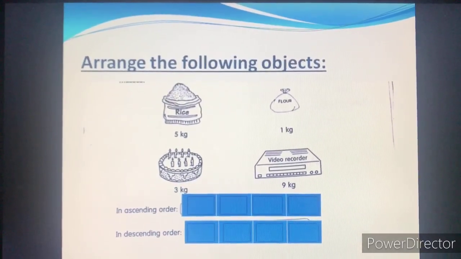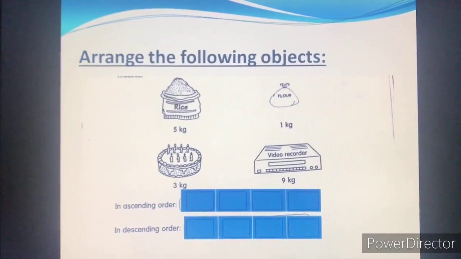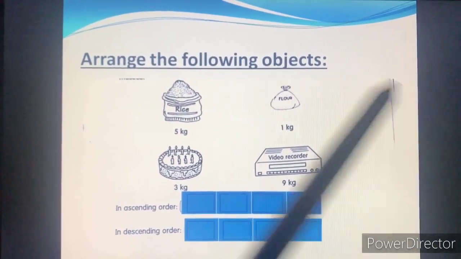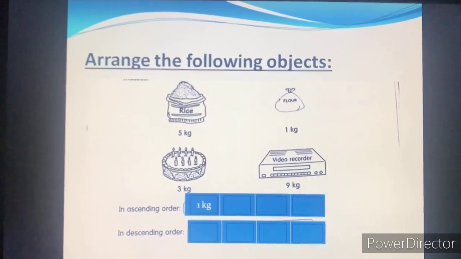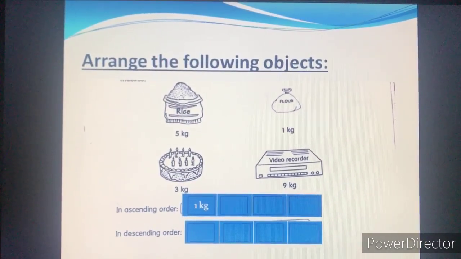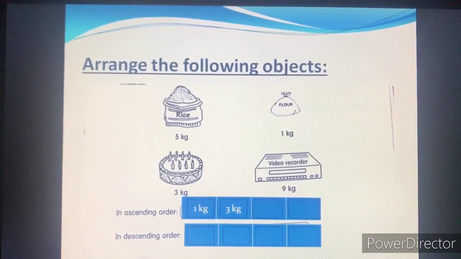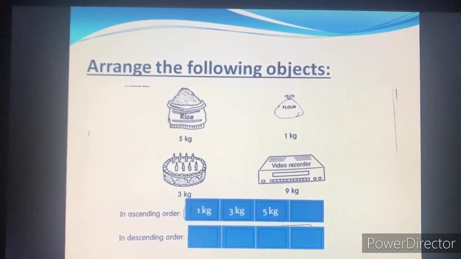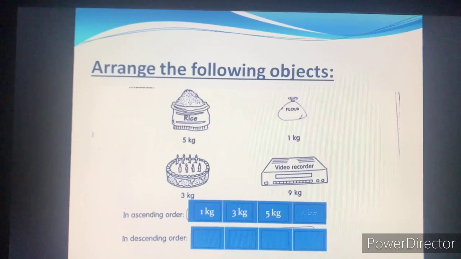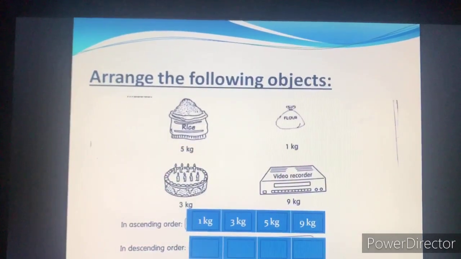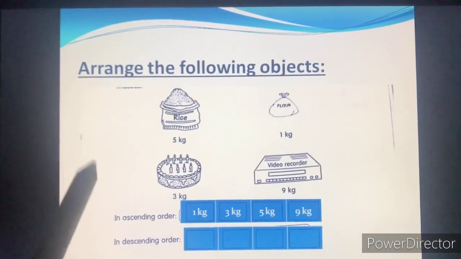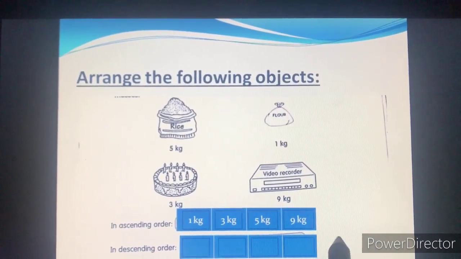So quickly we will do that. What is the smallest digit among them? Yes, 1 kg. And then 3 kg. After that, 5 kg. And finally, 9 kg. So, that's how we write them in ascending order.